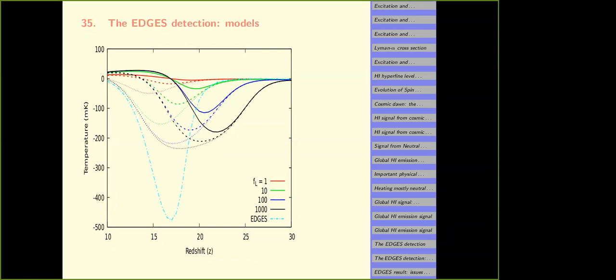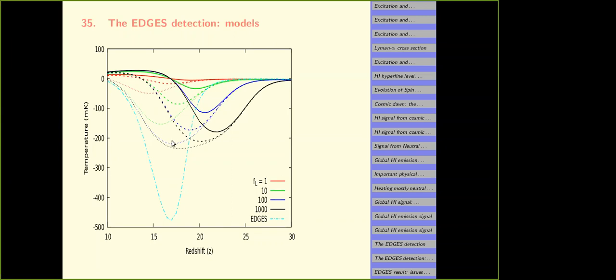You can see, in fact, the best curve to look at is the red curve, red f_L equal to 1, the solid curve. There is nothing there. Why? Because Lyman alpha coupling hasn't happened. Without Lyman alpha coupling, I see nothing in emission or absorption. To get something so deep, first of all, we have to couple Lyman alpha very strongly, and you can see the clear trend in these curves.